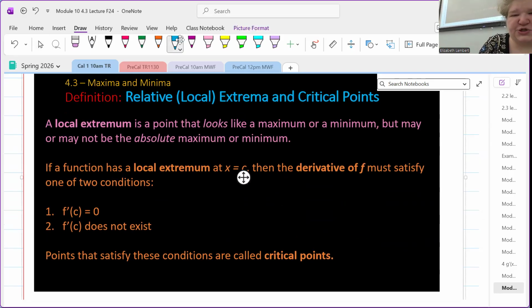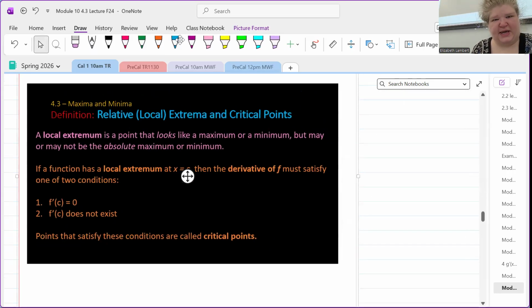Local extrema occur where the derivative is 0 or where the derivative does not exist. Points that satisfy one of these two conditions are called critical points. So a lot of the work we're going to do, we're going to take the derivative, set it equal to 0, solve for the x values.